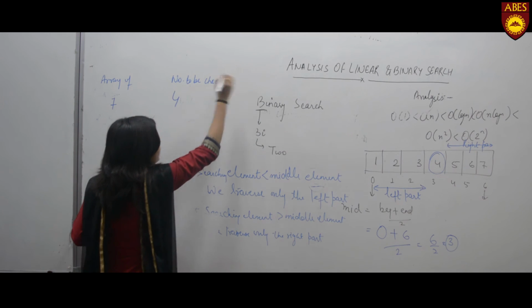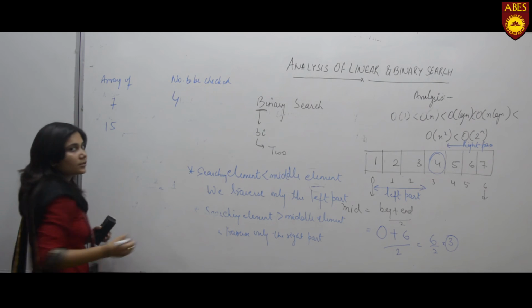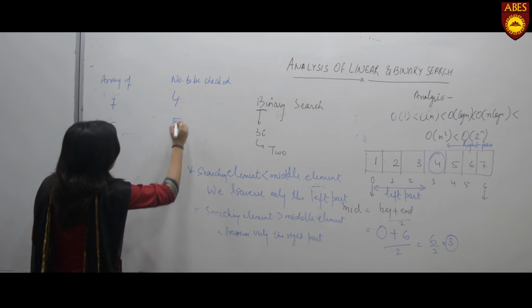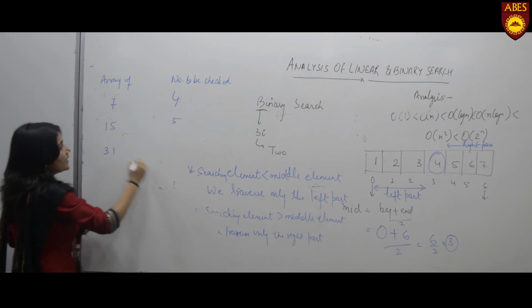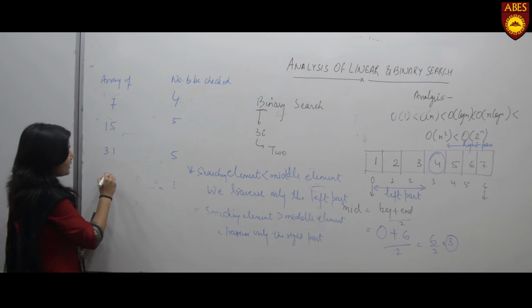If it becomes 15, then the number will be 5. If it is 31, then the number will again be 5. So this is the kind of summary which we can make.